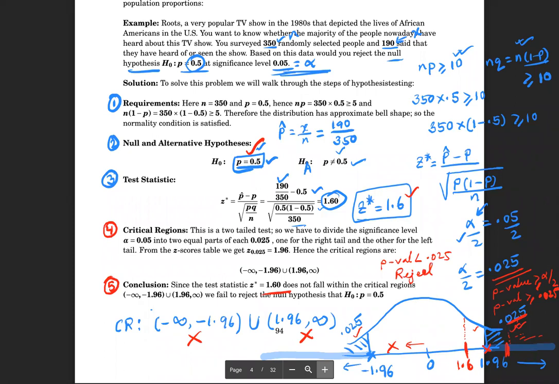On the other hand, if these two conditions are true, do not reject. And that's what the p-value story is.